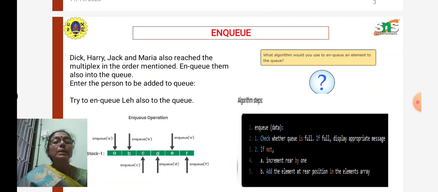If it is not full, increment the rear, that is rear equals rear plus 1, and add the element at the rear position. This is the algorithm we follow for NQ, or adding a new person to the queue.